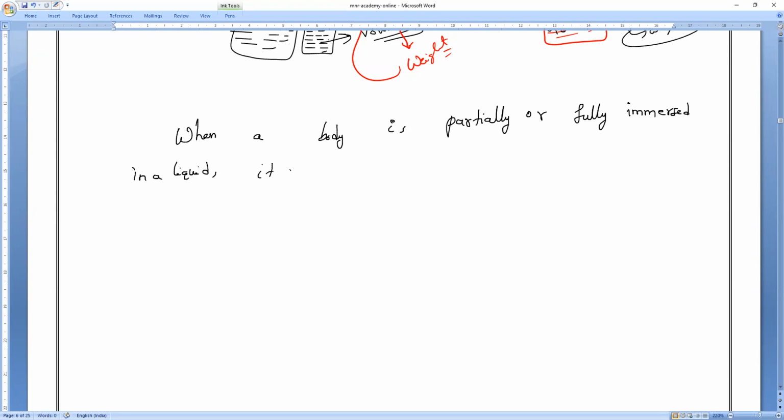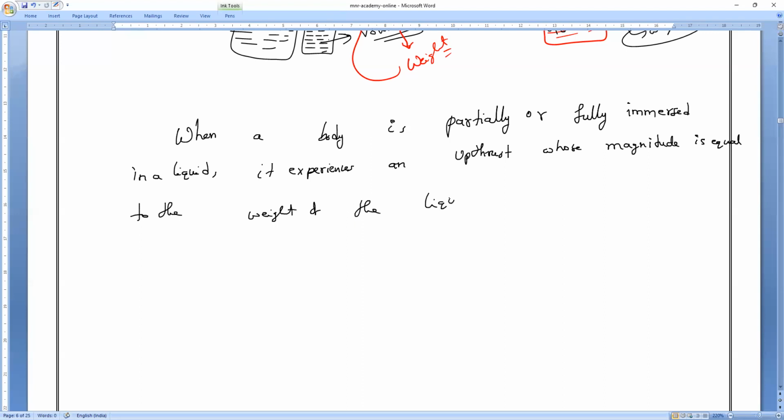So when a body is partially or fully immersed in a liquid, it experiences an upthrust whose magnitude, what do you mean by magnitude? Amount. Whose magnitude is equal to the weight of the liquid displaced by the body.